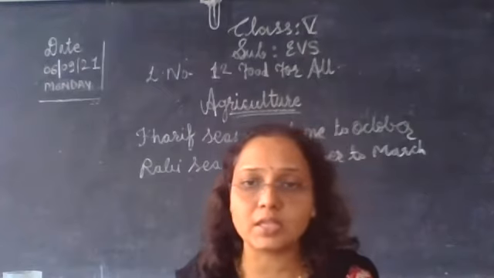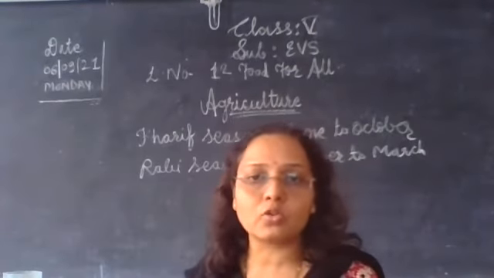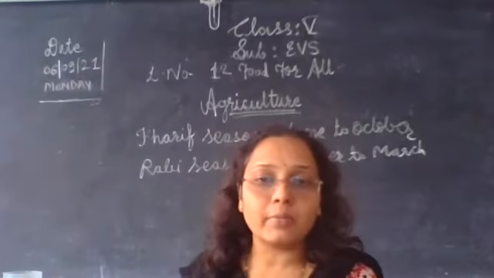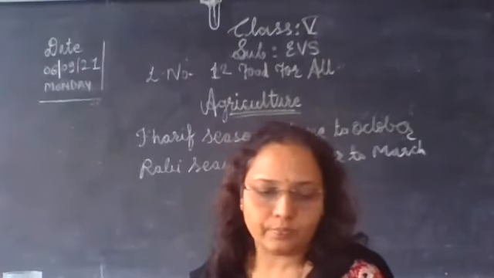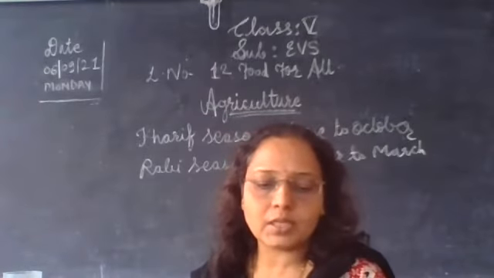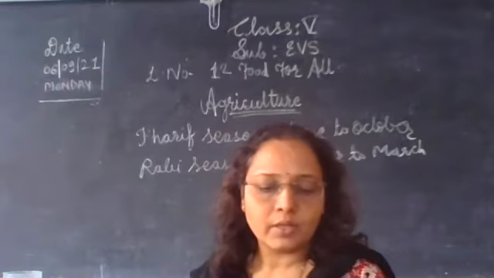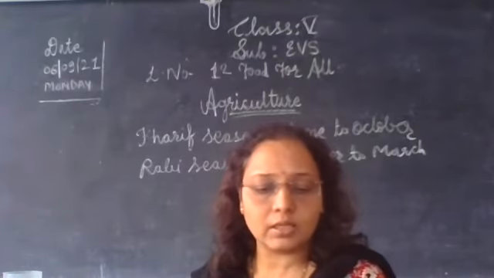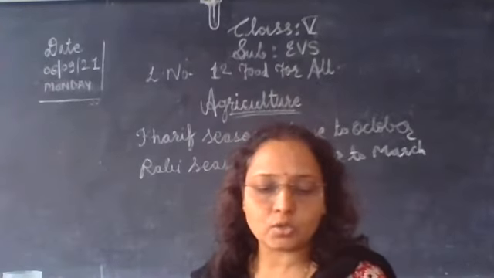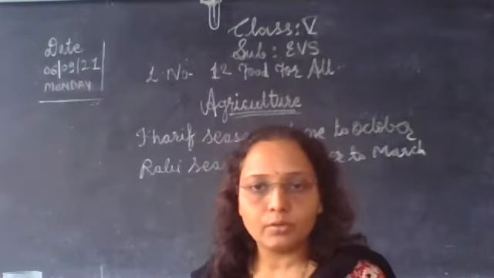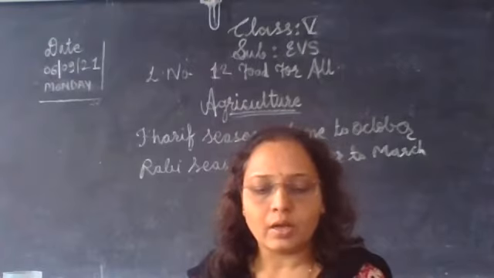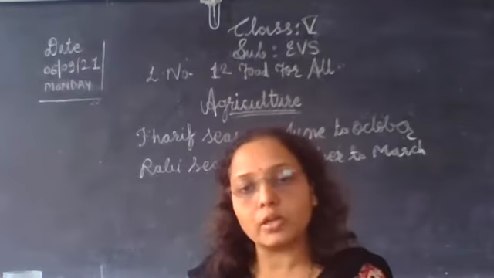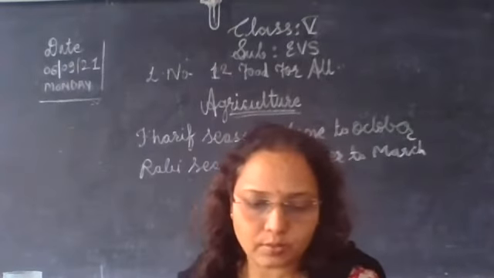You know, it's a rainy season, so our farming depends on rainwater. The season from October to March is the Rabi season. In this season, rainwater that seeps into the soil, the returning monsoon and dew are the source of water for the crops.